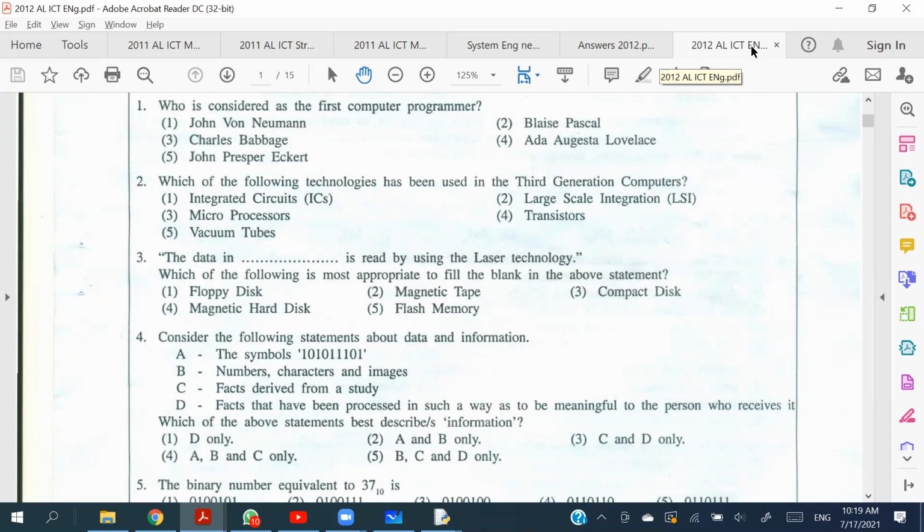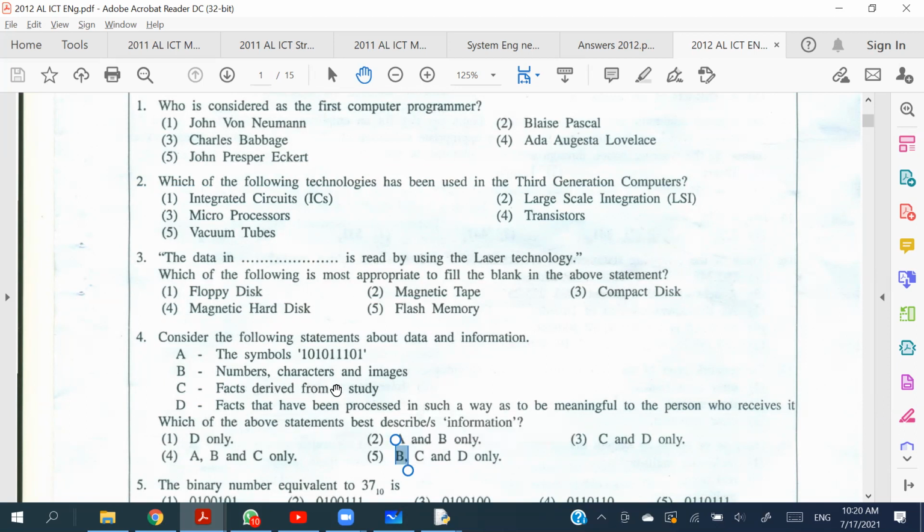And C, facts derived from a study, definitely it's going to be information, right? So C should be in your answer. So for that reason, your answer is going to be the third one. Anyway, because A and B cannot be there. A and B are in the second answer, the fourth answer, and the fifth answer, right? So we can't take those, right?